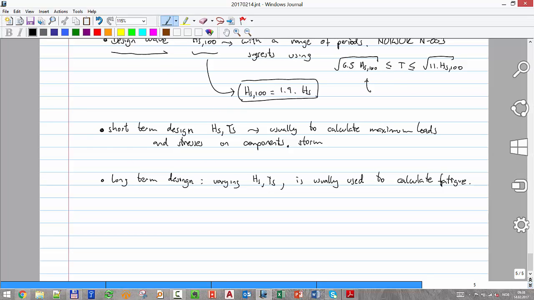Okay, and just to finalize this part, each offshore structure has a value called natural frequency. Anybody familiar with natural frequency? No? Have you heard the term before? Natural frequency? Yeah. What is it? Okay.